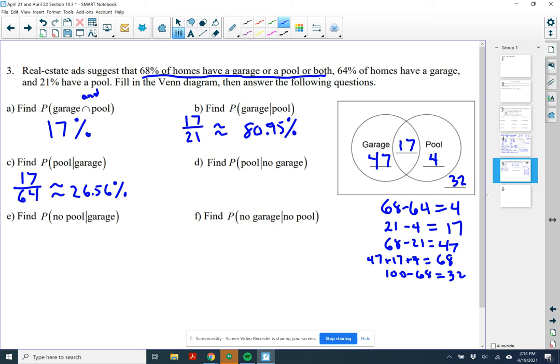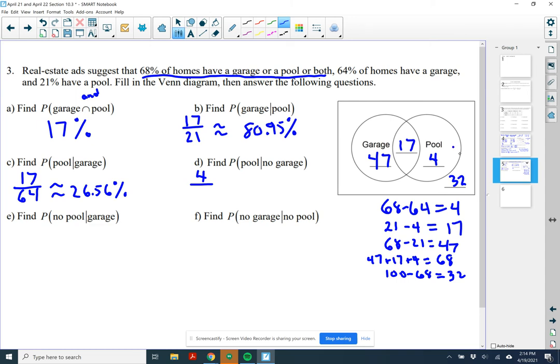Okay, next one. Probability that they have a pool given that they have no garage. So I look for the probability that they have a pool and no garage. That's 4%. And I divide by the total number that don't have a garage.